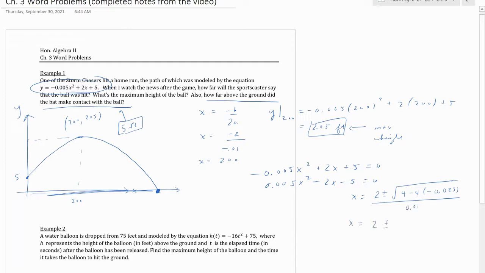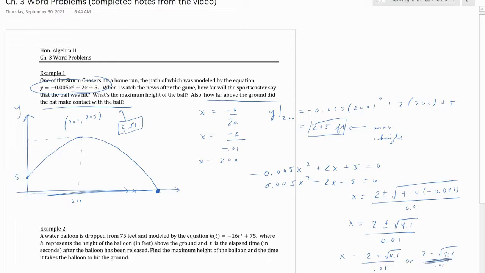Okay, so plus or minus the square root of 4 times 0.025 plus 4 more. That gets me 4.1 under there. So x is either 2 plus the square root of 4.1 all over 1/100, or 2 minus the square root of 4.1 all over 1/100.